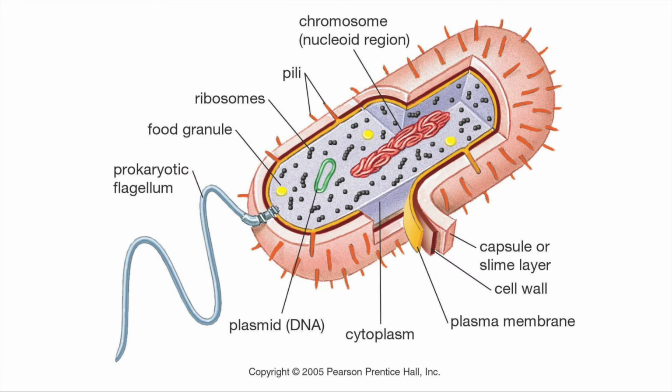The prokaryotic cells are not compartmentalized, which means that it is one uninterrupted chamber, and this differs from eukaryotic cells, which are compartmentalized. So the structure of a prokaryotic cell is simpler than the structure of eukaryotic cells.